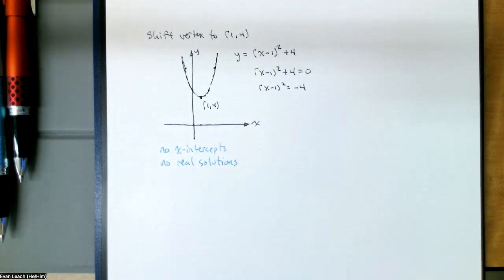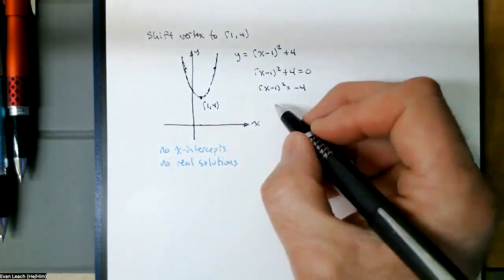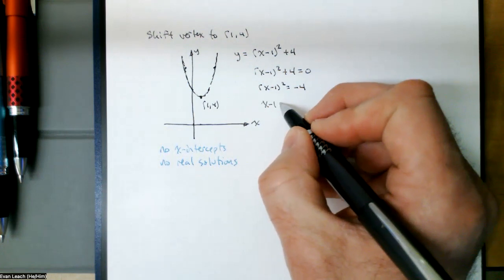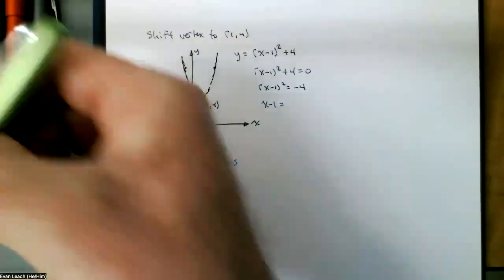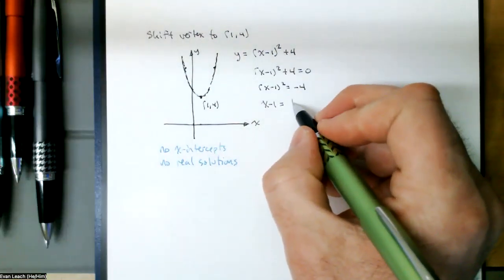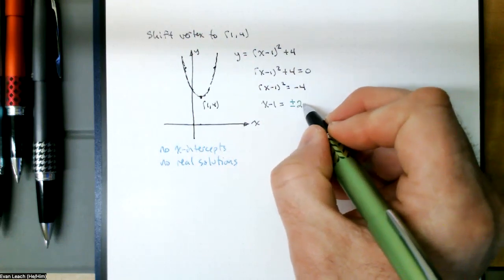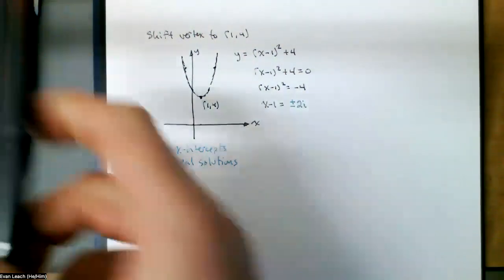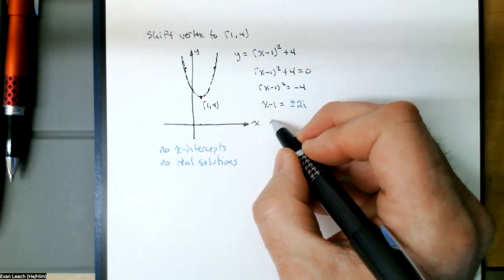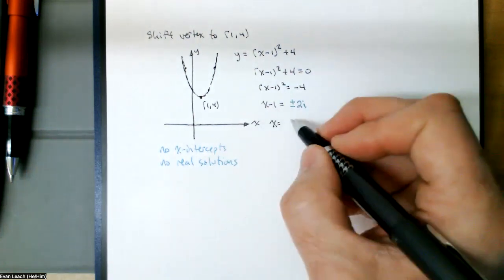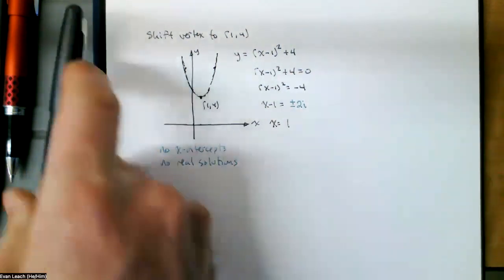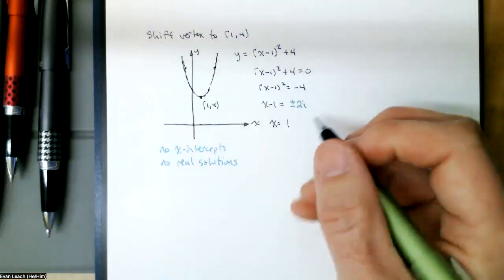This is where the plus or minus shows up. And I'll have x minus 1 is equal to plus or minus 2i. And then we can add 1 to both sides. So our solutions are not real as expected, but complex: 1 plus or minus 2i.